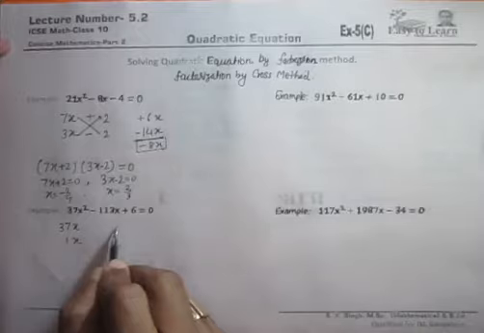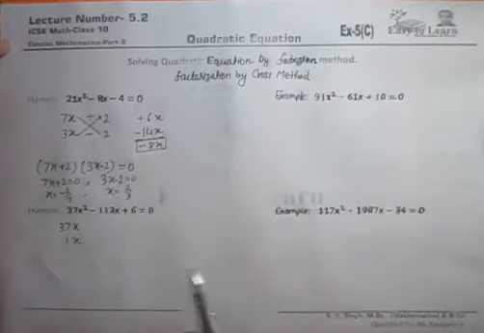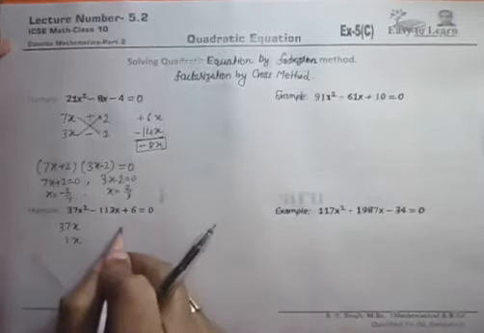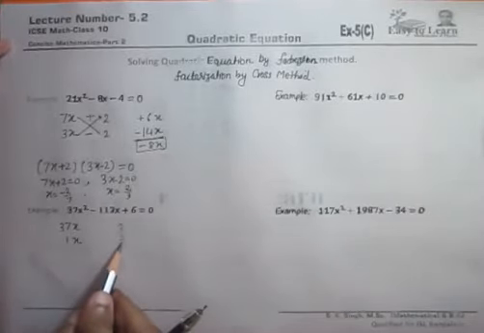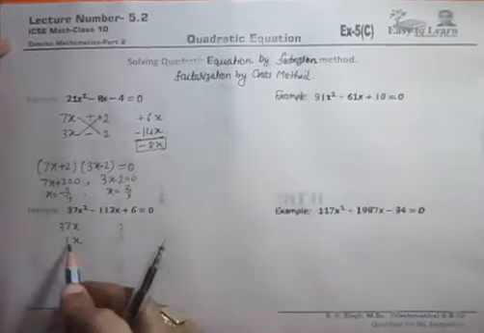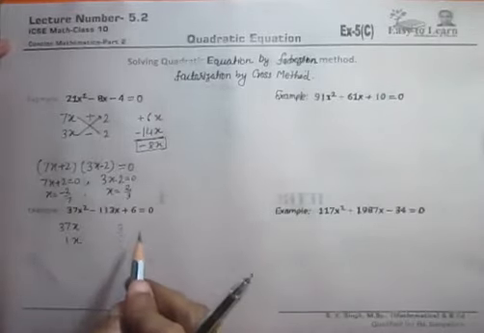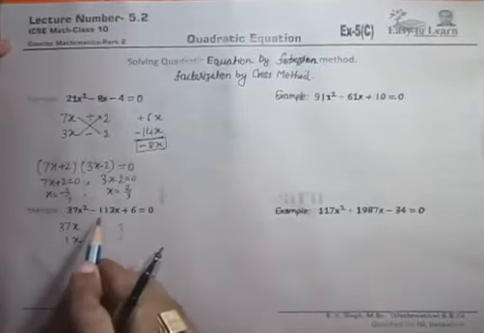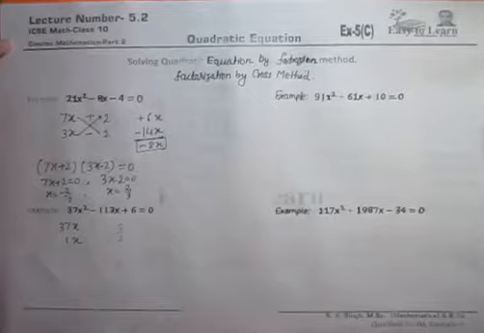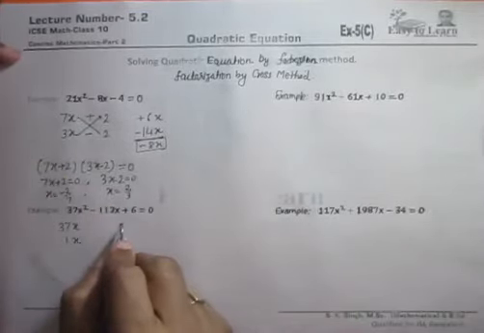If I write here 3 and 2 here, suppose I am writing here 3 and here 2, so 13 into 2 will be 26, and 1 into 3 will be 3, so 26 and 3. So neither their difference nor their sum is equal to 37. So what we will do, I will write here 2 and here 3.